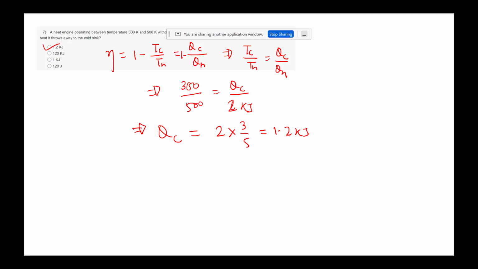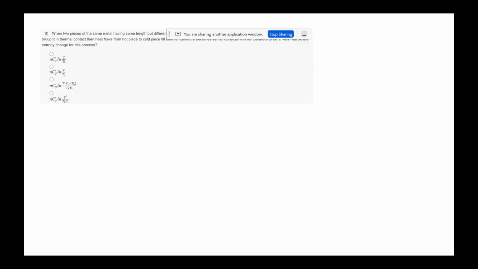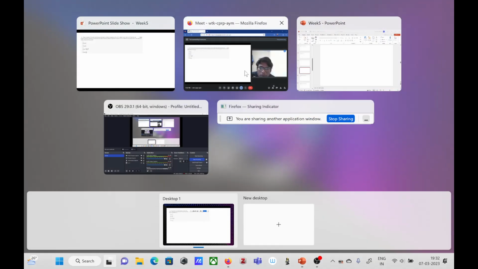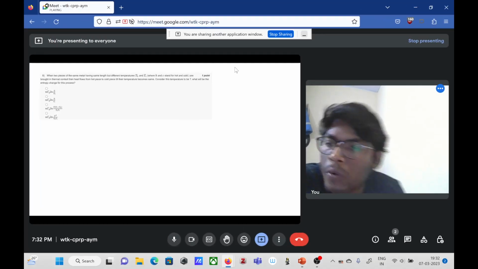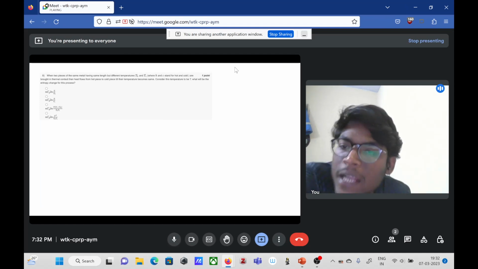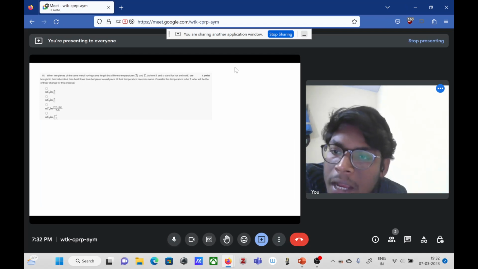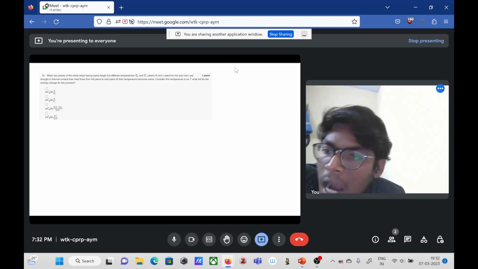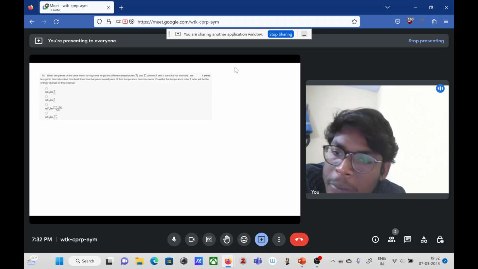Okay, let me go to the next problem. This problem says, when two pieces of the same metal having the same length but different temperatures, Th and Tc, are brought in thermal contact, then heat flows from the hot piece to the cold piece.